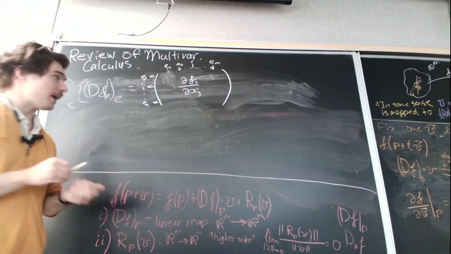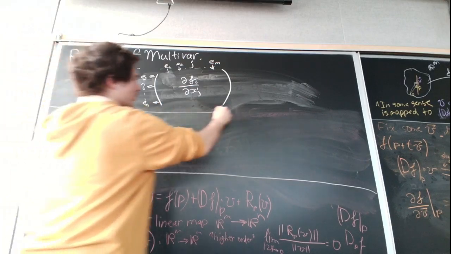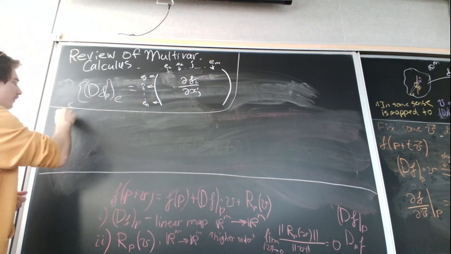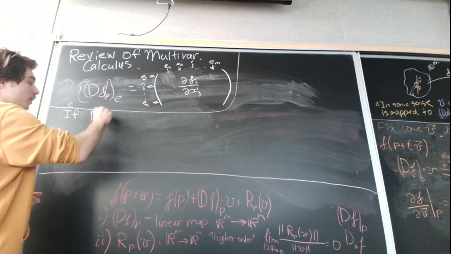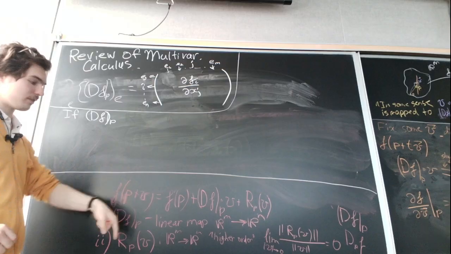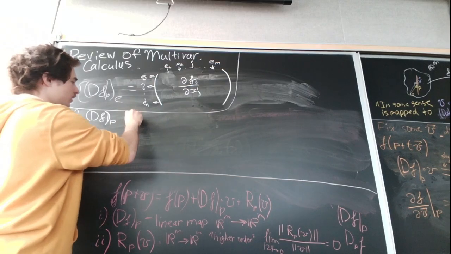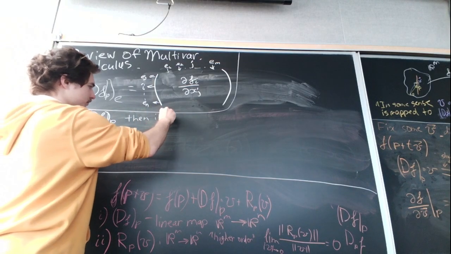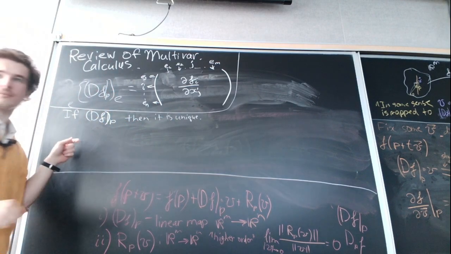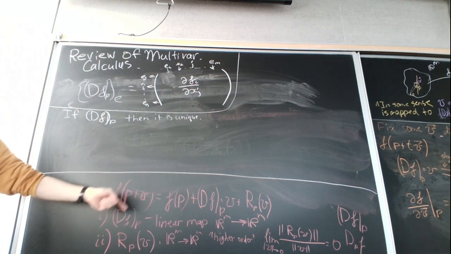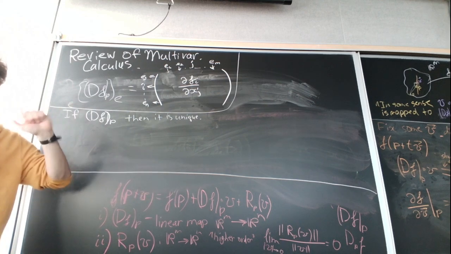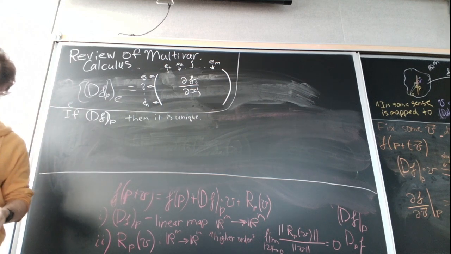So one fact that I will state, also without proof, but this is a fairly easy fact to check, is that if this derivative object exists, it doesn't always exist, but if this linear map exists such that these things hold, then it is unique. So if it exists, it's unique. And you can check that if there were two best linear approximations, you could subtract them and show that it has to be 0.